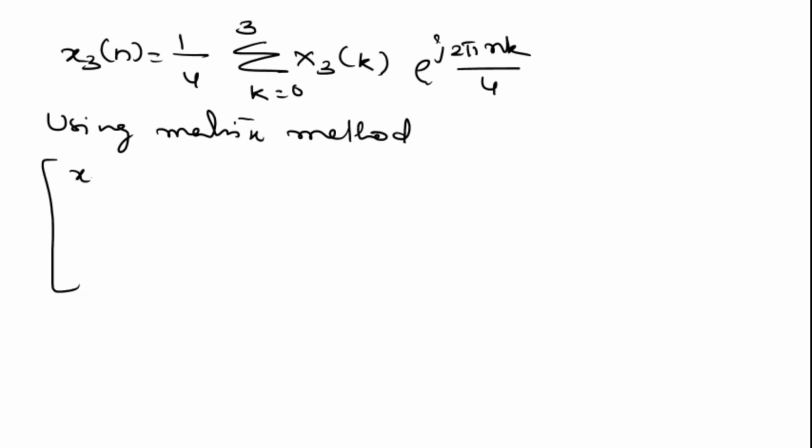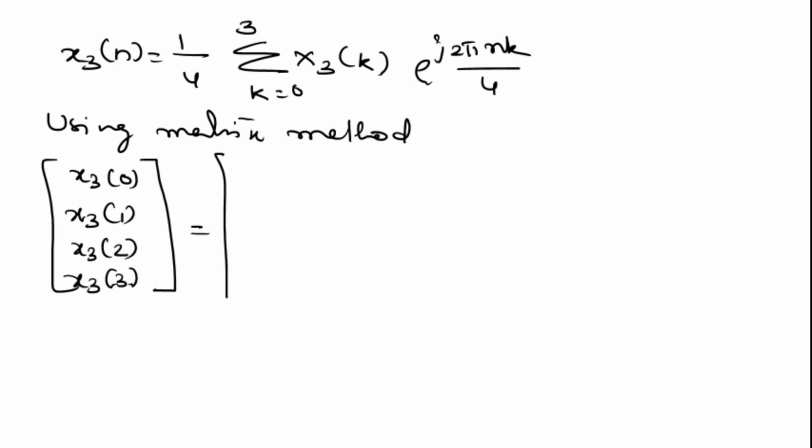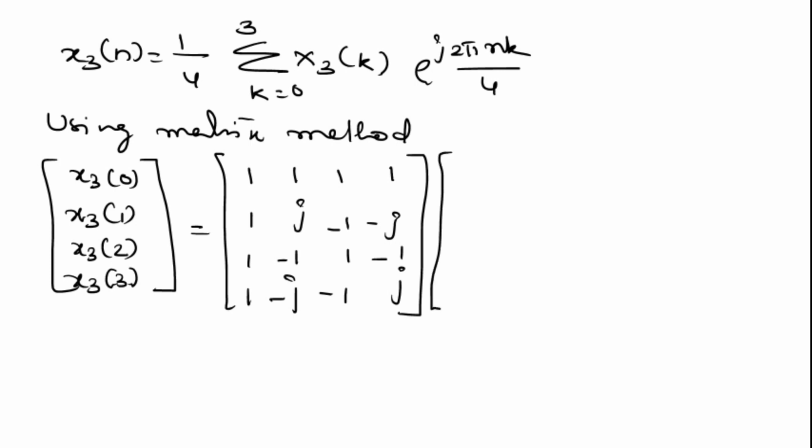Using the matrix method, that means x3 of 0, x3 of 1, x3 of 2, x3 of 3 is equal to the matrix 1 1 1 1, 1 j minus 1 minus j, 1 minus 1 1 minus 1, 1 minus j minus 1 j, that should be multiplied by 77, minus 5, 1 and minus 5, and here we have 1 by n, that means 1 by 4.